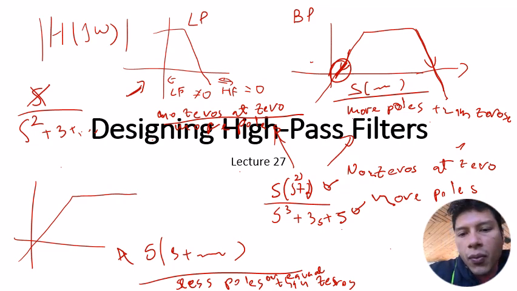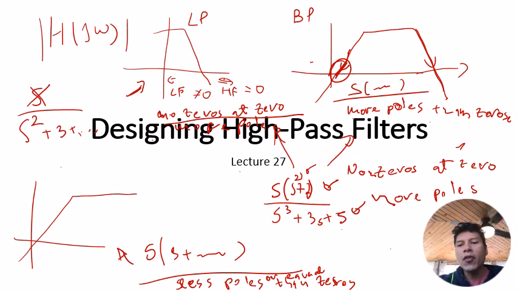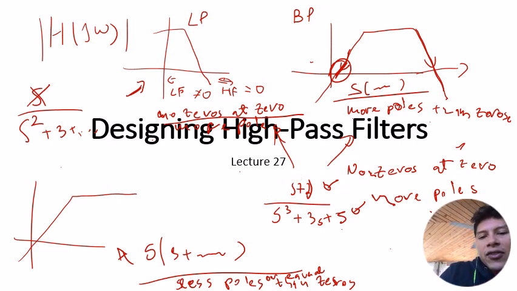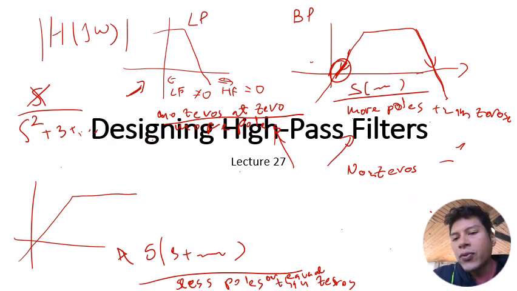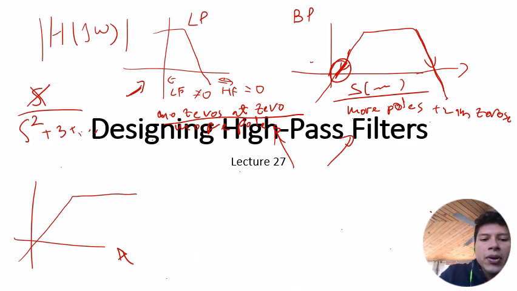So once I made this squared, now it became a high pass filter because the number of poles equals the number of zeros, and you have at least one zero at zero. So that's another way you can identify filters from just looking at the Laplace transform of the transfer function. Okay, so that's just review of our previous lecture.